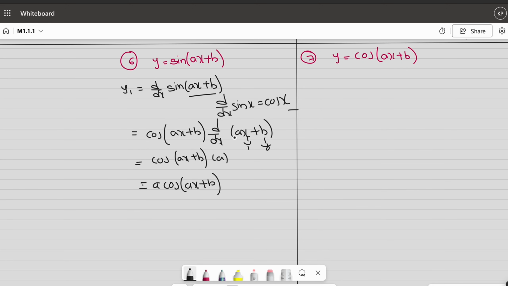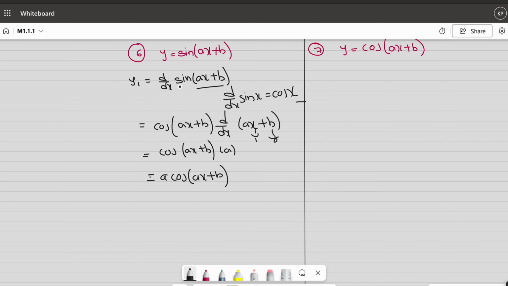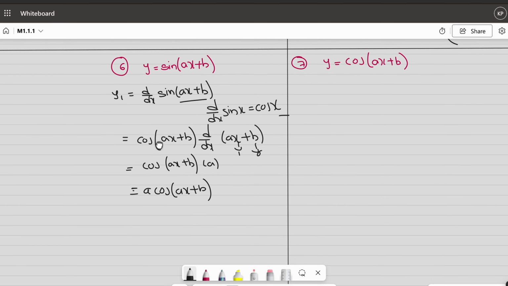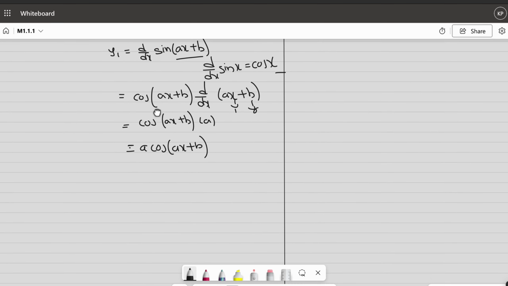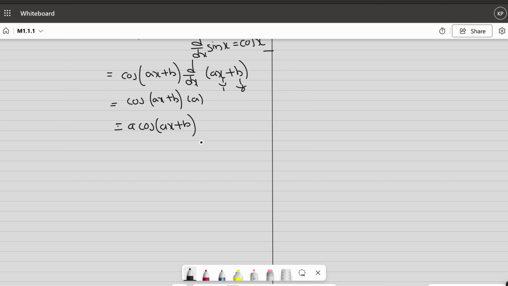But if you see clearly, the first derivation is not in the form of sine. I mean, if we have to derive the pattern to determine the antiderivative from this derivation, we need to convert this cos into sine to have the same pattern from y and y1 and y2 and so on. To convert this, we have one more formula, that is cos theta is equal to sine of 90 plus theta.